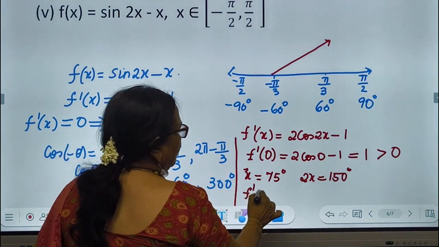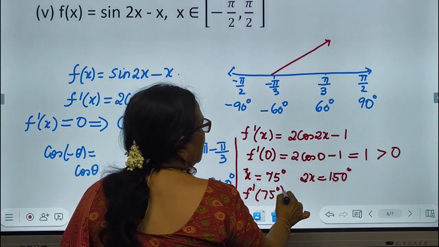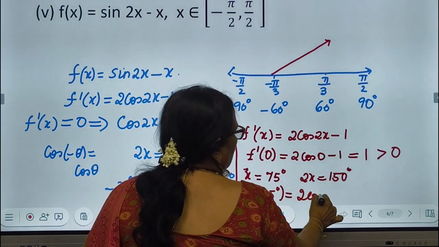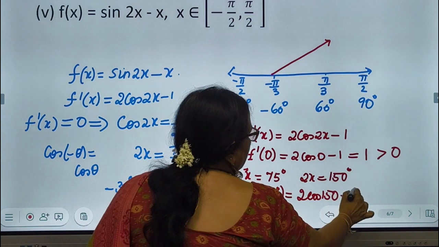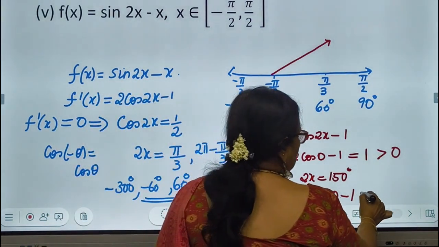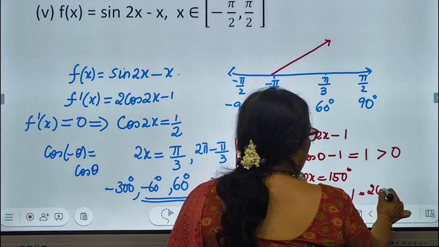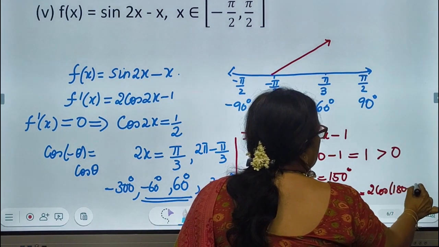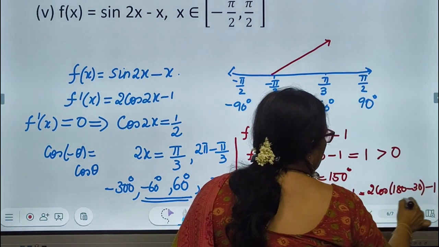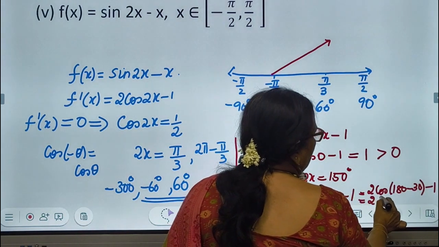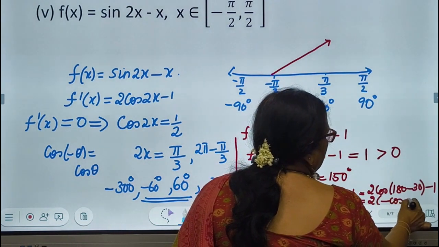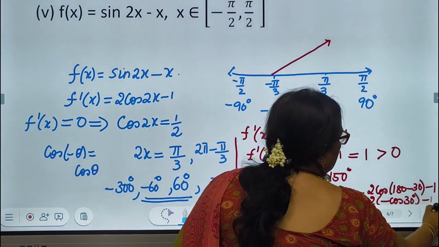So f dash of 75 degrees will be 2 cos 150 minus 1. This is 2 cos of 180 minus 30 minus 1, which is 2 into minus cos 30 degrees minus 1.